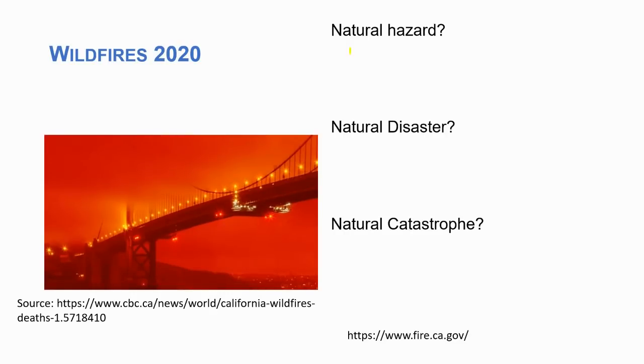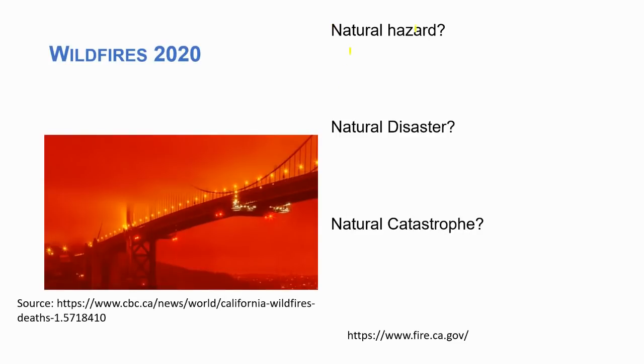It's an iconic bridge in the US, the Golden Gate Bridge in San Francisco, and this is at 11 a.m. on September 9th. You can see that the lights are on. You can barely see anything. You can see all of the lights down in the valley below the bridge are on as well, and it doesn't look like it's daytime, and that's because of the thickness of the smoke.